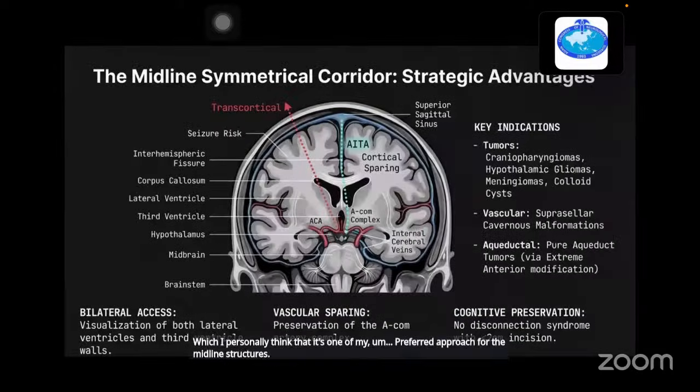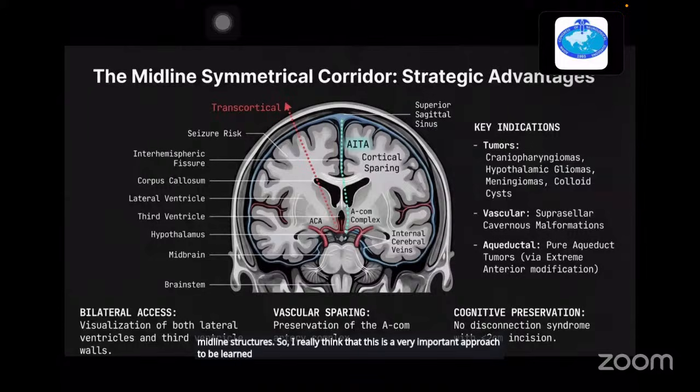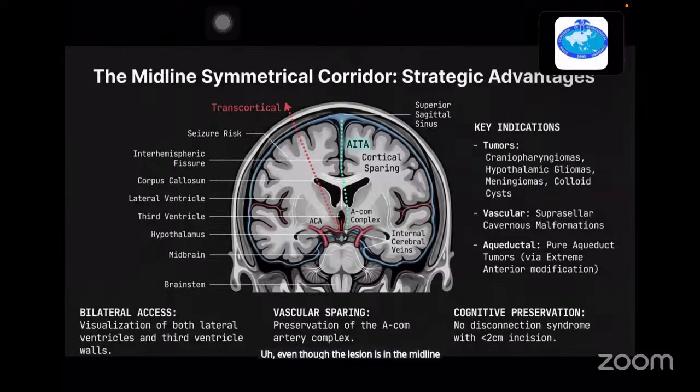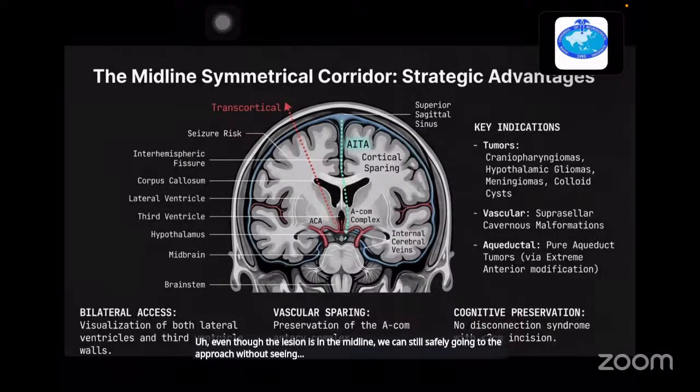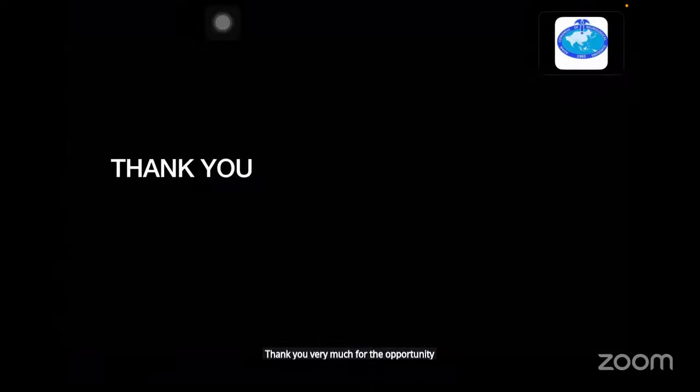I really think this is a very important approach to be learned during training, because then we know that even though the lesion is in the midline, we can still safely go to the approach without causing more morbidities. Thank you very much for the opportunity.